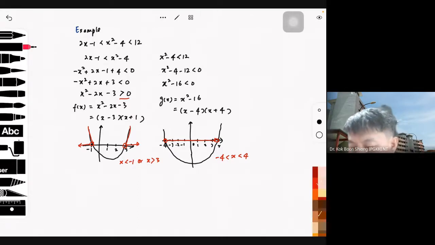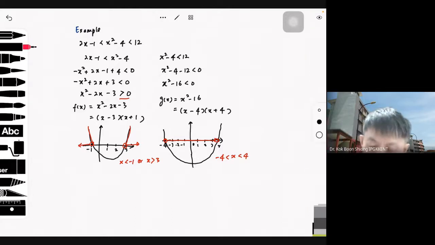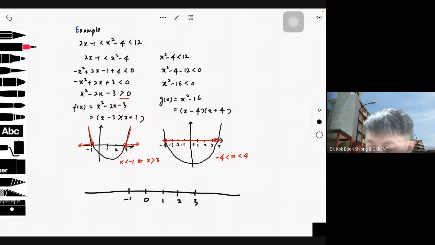How to merge the two graphs? For this, we have to use a number line. So we draw a number line: negative 4, negative 3, negative 2, negative 1, 0, 1, 2, 3, 4.